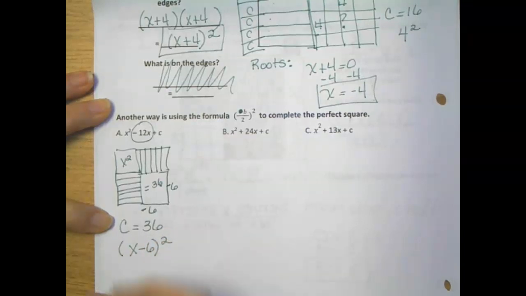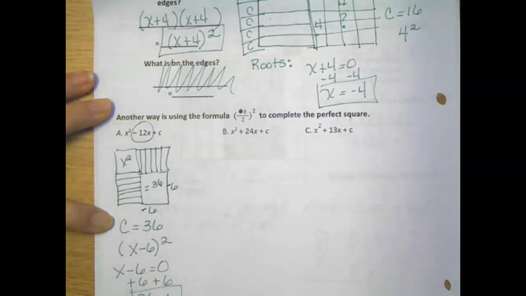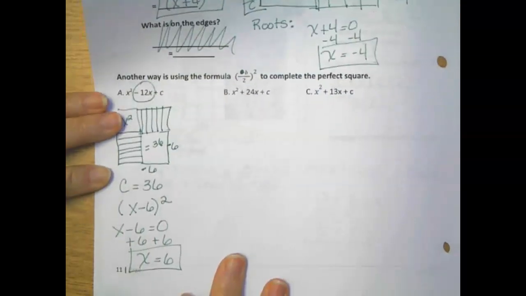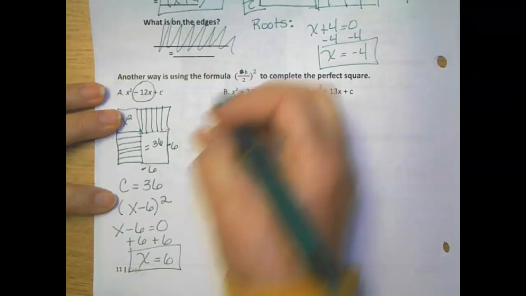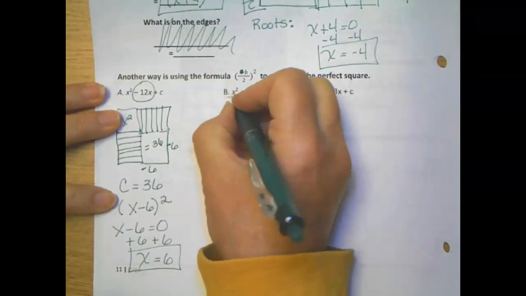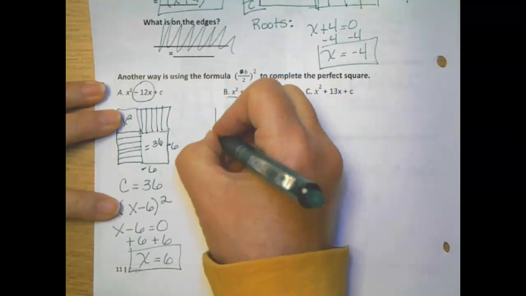Now let's find the root. X minus 6 equals 0. Add 6, and x equals 6. Oop, running out of room. Okay, next one. Again, we've got the x squared. We have 24 here. Oh my gosh.